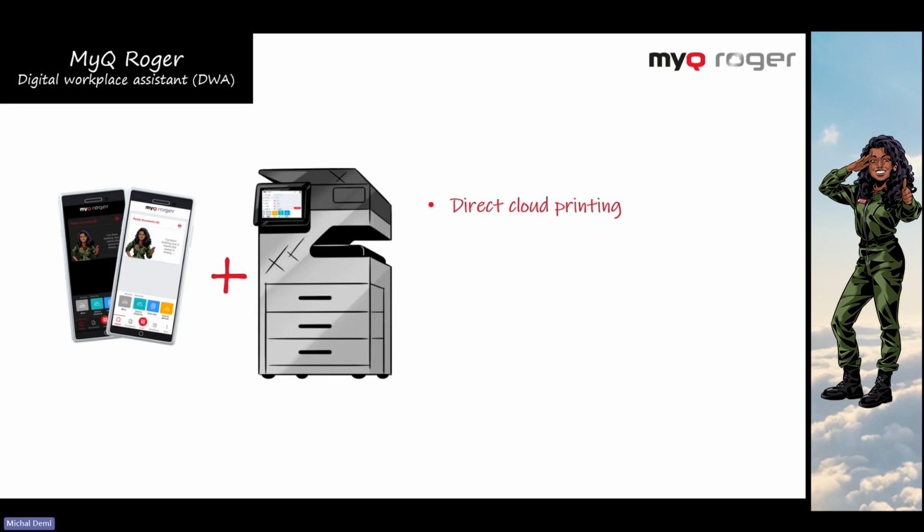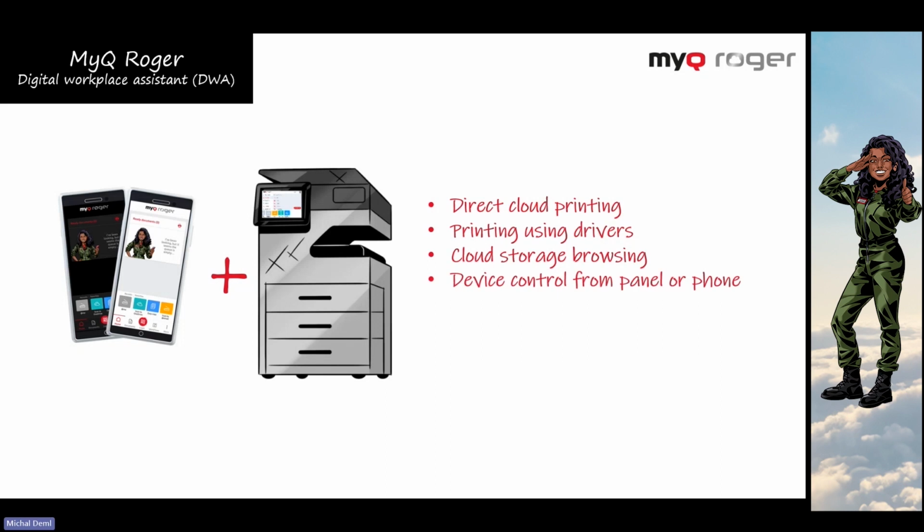You can upload it to any location there because you're just browsing it directly from the panel of the MFD. It can print from the cloud or using drivers. Like I said, we can go through the browsing, control it from the panel of the MFD or using the phone. And as was mentioned in the beginning, the MS Universal Print integration is part of it.